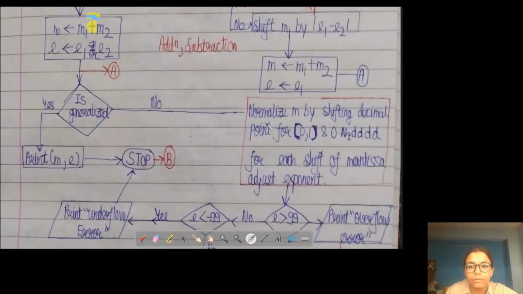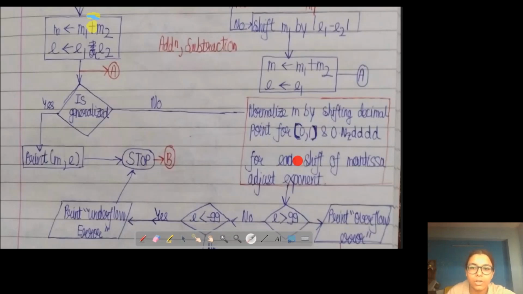If it is no, we just have to normalize by shifting the m by the points that have been there, like 0.1. If it is greater than that, we just have to shift one of the Mantissas, shift one back or shift ahead one, adjusting all the exponents.